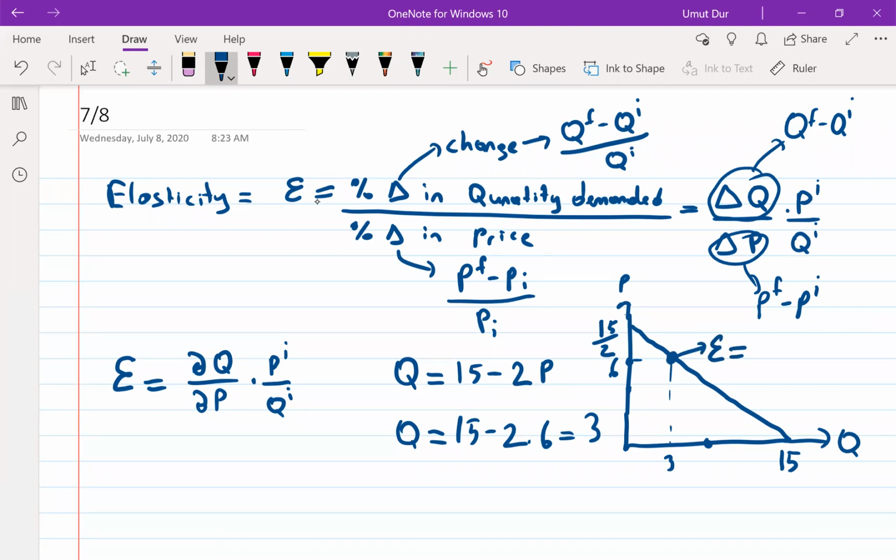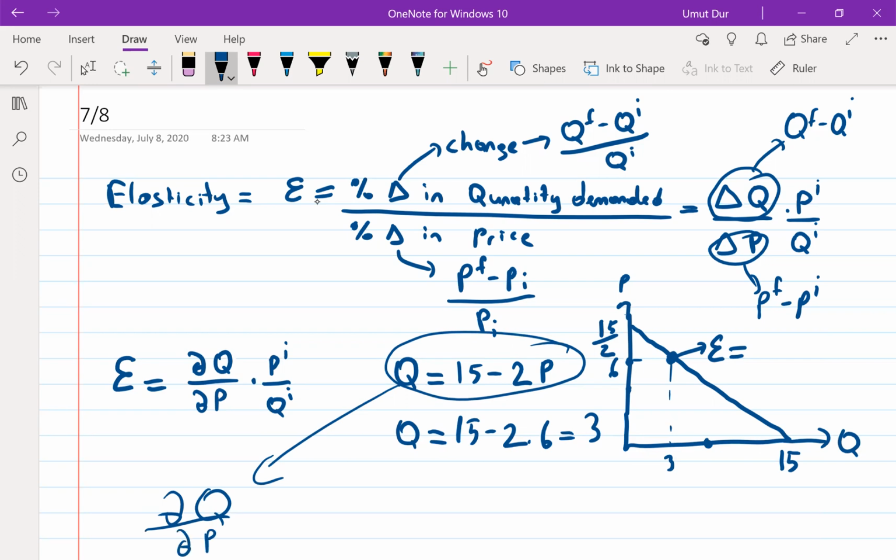then it is the derivative of the demand with respect to price. What is the derivative of demand with respect to price? It is dq over dp equal to, what is the derivative here?